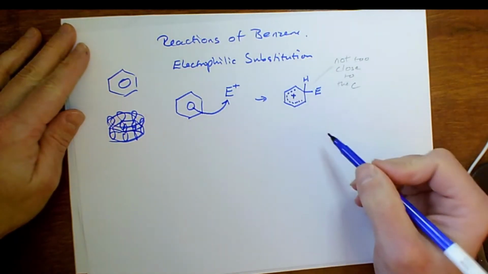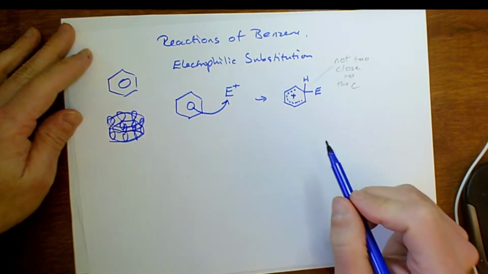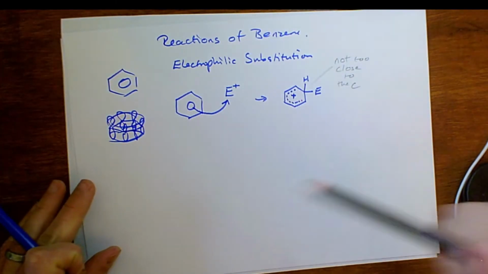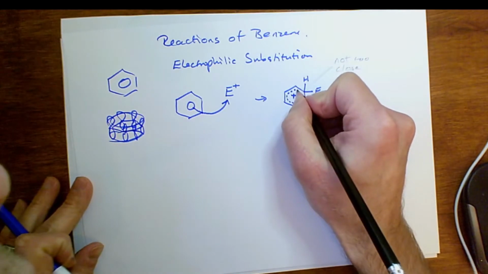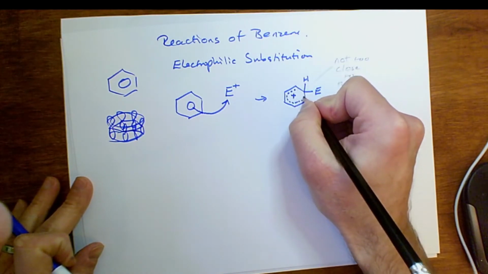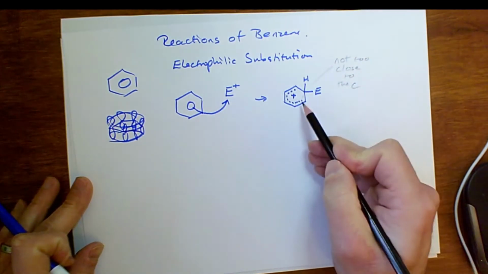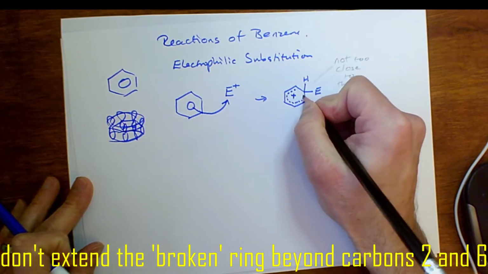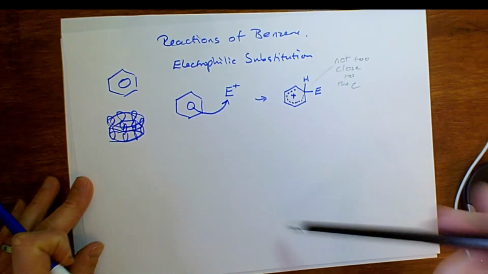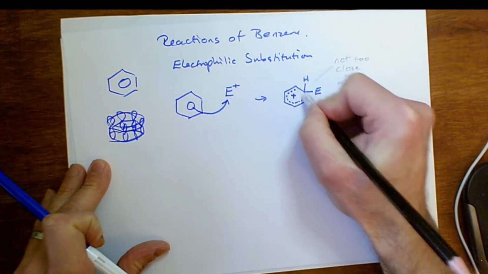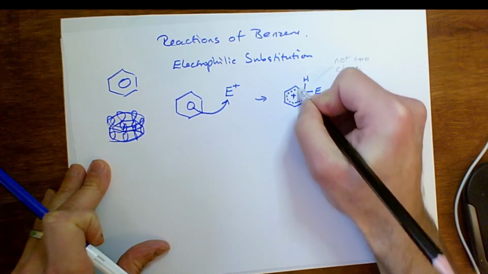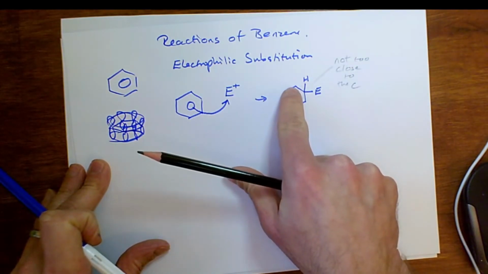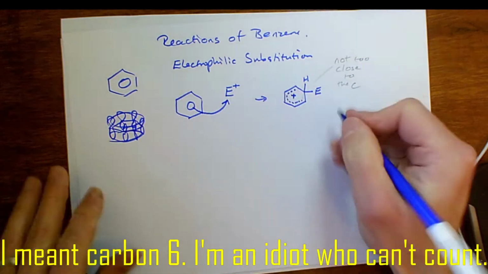Now, another thing to be aware of while I'm on the topic of where people can lose marks, when we've broken our ring, don't let it encroach too close. You can't even see these on here probably. Don't let it encroach close to this carbon here. Make sure it doesn't go beyond carbon number 2 and carbon number 5.